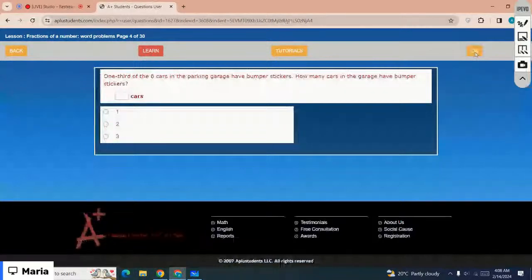One third of the six cars in the parking garage have bumper stickers. How many cars in the garage have bumper stickers? Which is the correct option?